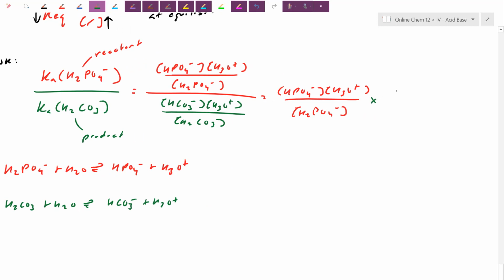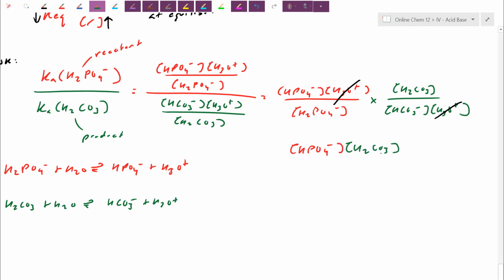If I multiply this up here, I get H2CO3 all over HCO3 minus and H3O plus. This time, not as many things cancel out. All you see is that the hydroniums cancel out. Well, what's so nice about this expression? I have HPO4 minus times H2CO3. It still looks horrendous.